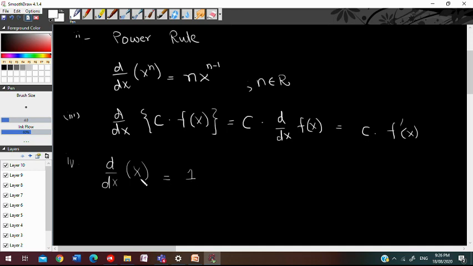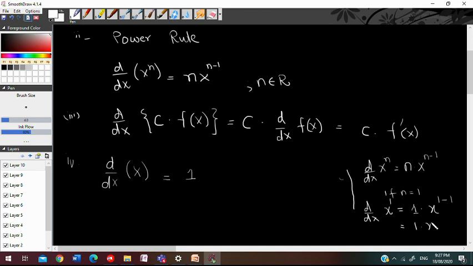Actually, we are doing the same thing as in our power rule, d by dx of x^n, where we bring the power as a multiple of the function and decrease the power by 1. If n is equal to 1, then d by dx of x to the power 1 is 1 times x to the power 1 minus 1, which is 1 times x to the power 0.